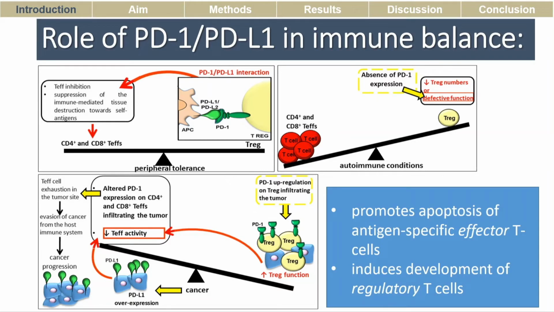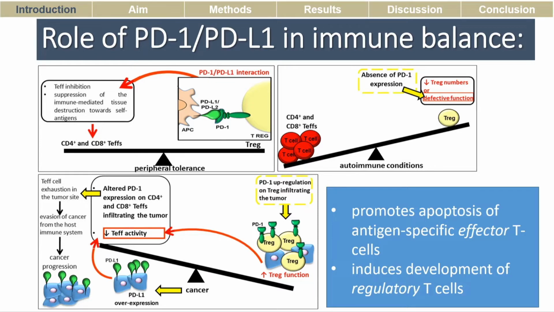Since PD1 has a differential action on T cells, as it promotes apoptosis of antigen-specific effector T cells and induces development of regulatory T cells, this effect must be regulated to keep the balance between T effector and T regulatory cells that is needed in healthy immunity, where good immune surveillance must be balanced with preserving the peripheral tolerance.